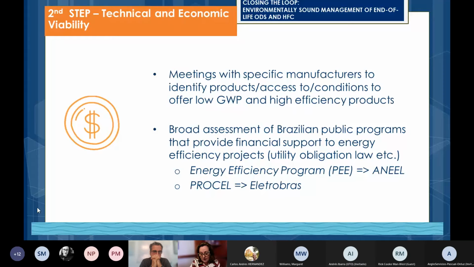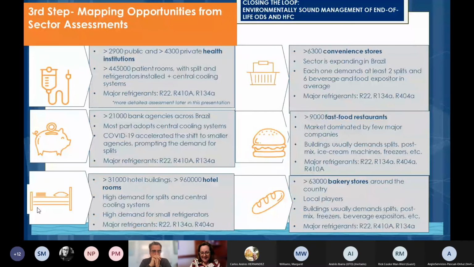We also did a broad assessment of Brazilian public programs and regulations that support energy efficiency actions, such as the utility obligation law that we have, which generates a substantial amount of funding, which can be used for selected energy efficiency projects. Next slide, please.